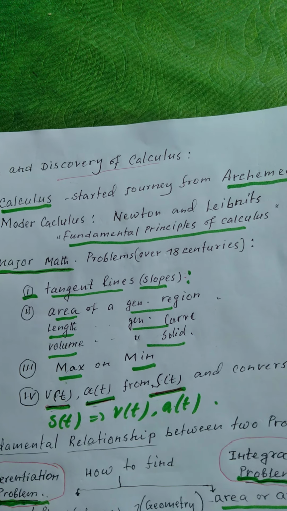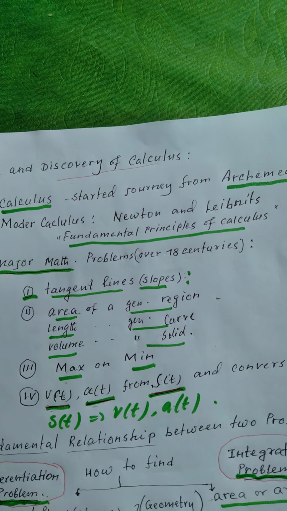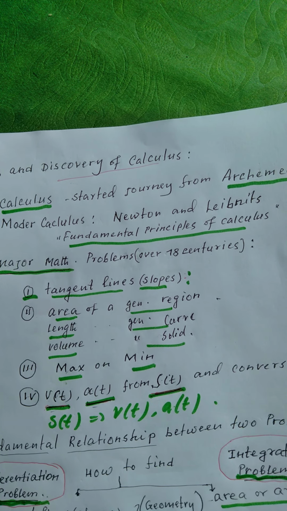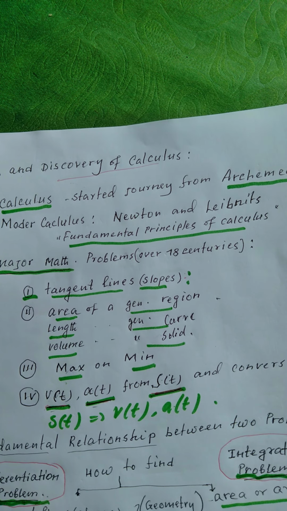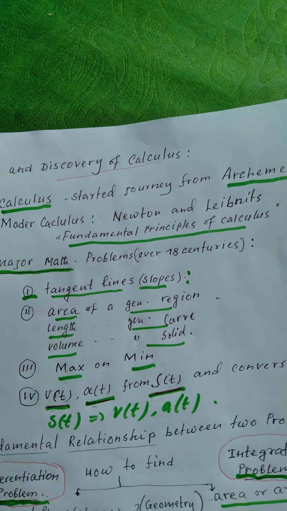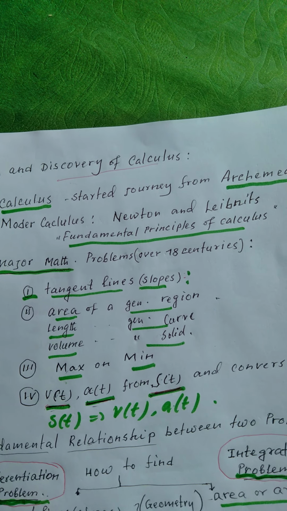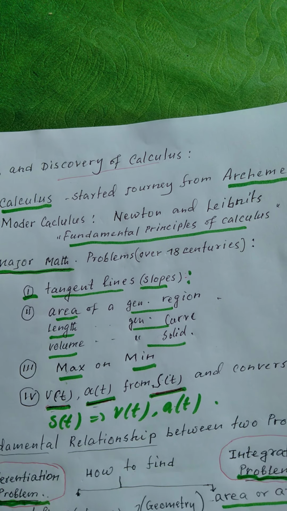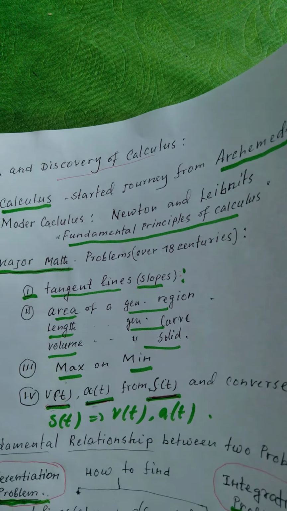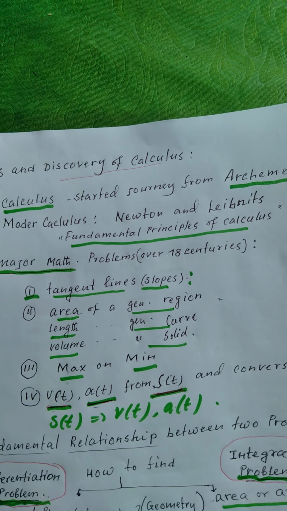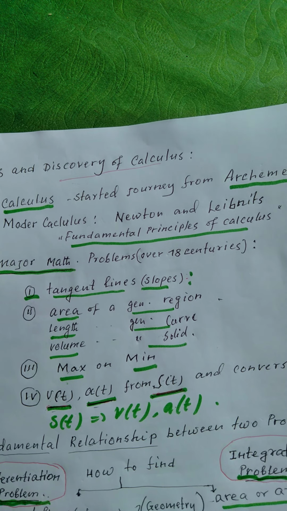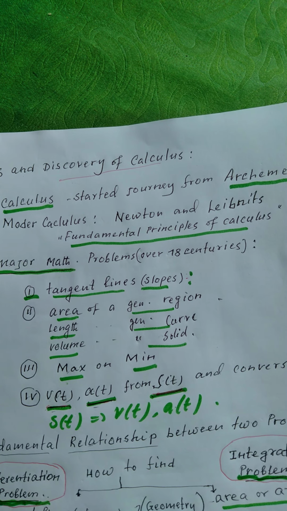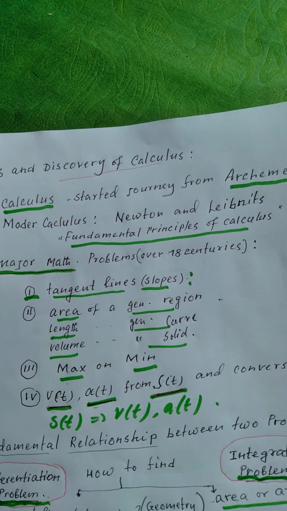For differentiation, what is given? Always the original function, y equal to f of x, and our task is to find the rate of change function, that is, we differentiate the original function. And integration is the reverse process. Given a rate of change function y equal to small f of x, here also f of x, but this is the original function, this is the rate of change function.